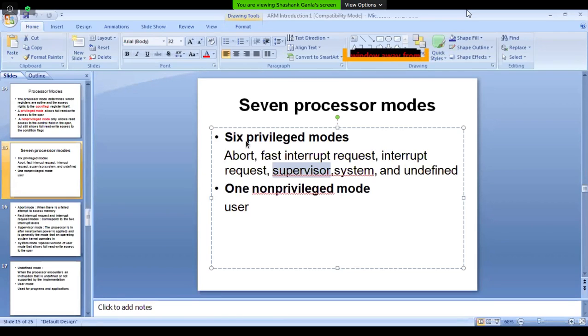Now, when you go to Play Store and you try to install a new app which is not pre-installed with the kernel, this type of operation will take place in what we call the system mode. So system mode is that mode which is like user mode, but it has privileges.